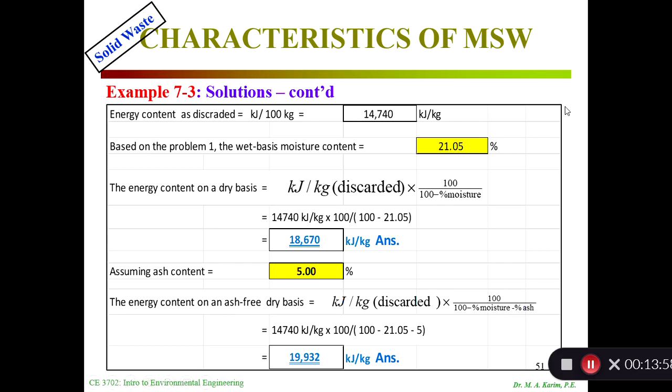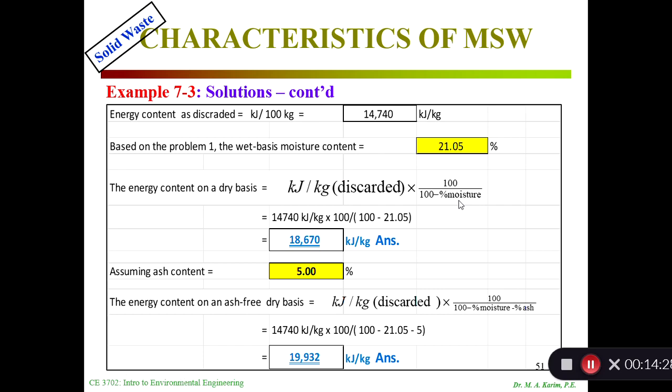Geotechnical engineering always uses 26.66%. But here we are trying to show a conservative estimate. If I subtract the smaller number, the denominator would be bigger, which means I get a smaller number here, right? So for the conservative estimate, this is my smaller number. That's why I'm going to use the weight basis moisture content here.